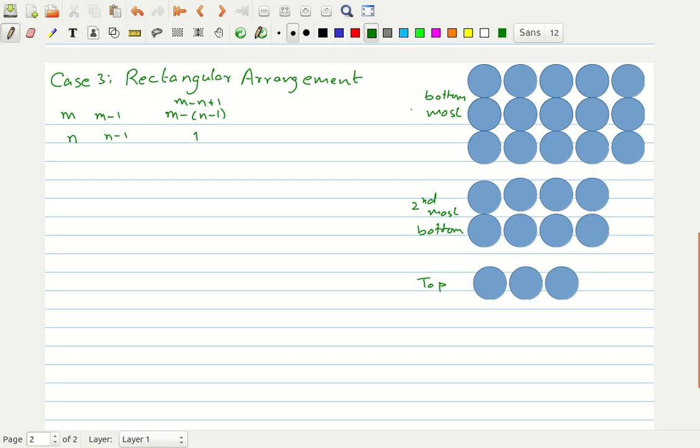So how many balls do we have in the topmost layer? We have m minus n plus 1 times 1, right? So in the top layer we have m minus n plus 1 times 1, which is m minus n plus 1 balls.